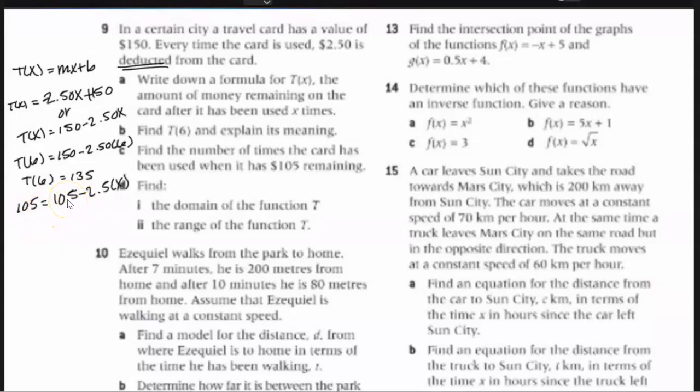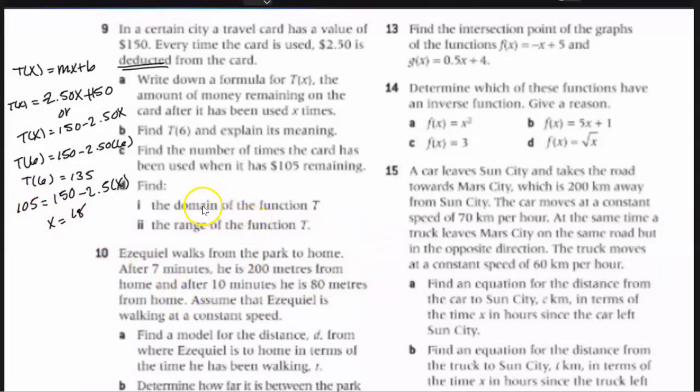There we go. So you'll either do n solve or use your calculator solve. You'll subtract 150 from both sides, and then you'll divide by the negative 2.5, and you should get X equals 18. What this means is you have to have used the card 18 times if you have $105 remaining.